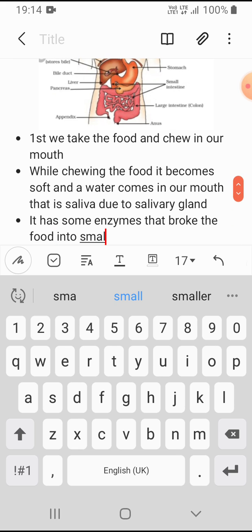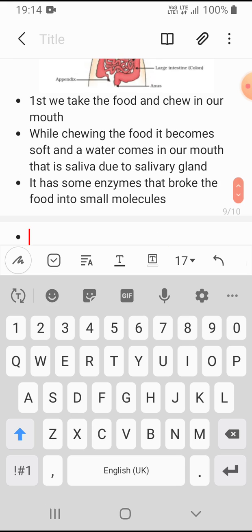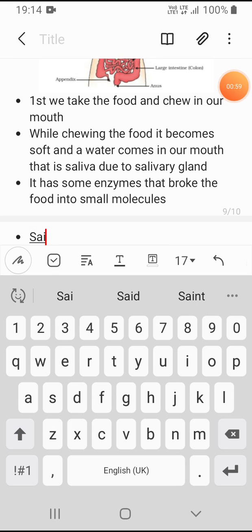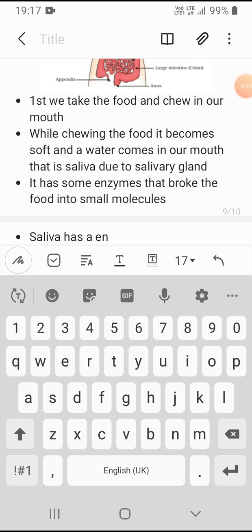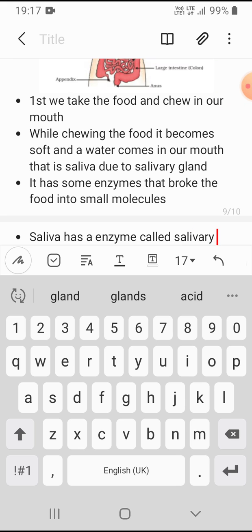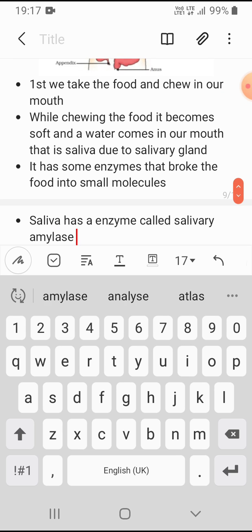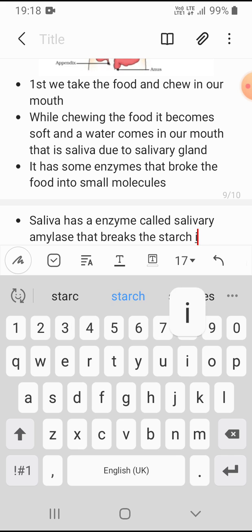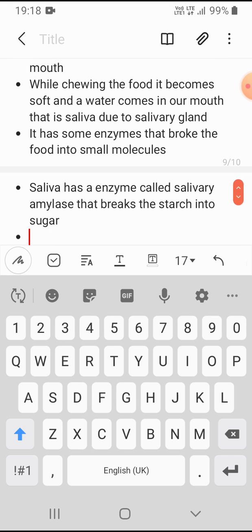Saliva has an enzyme called salivary amylase that breaks the starch into sugar, or the food into small particles.